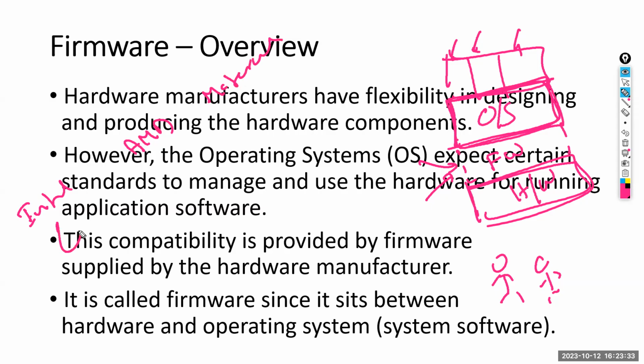and Intel also has different processors, i3 processors, i5 processors, i7 processors, and AMD 3 processors, AMD 5 processors, and so on. So you can see that, but you don't have separate operating systems. For example, you don't have Windows operating system for Intel, or Windows operating system for AMD, or Windows for i3, Windows for i5.